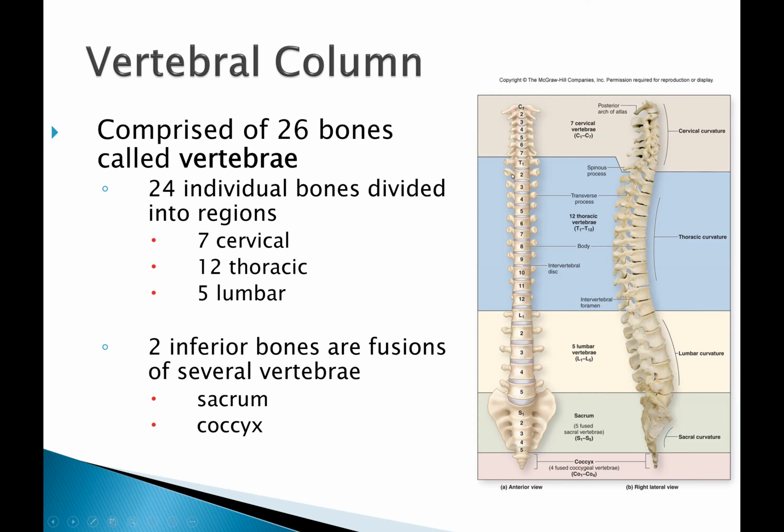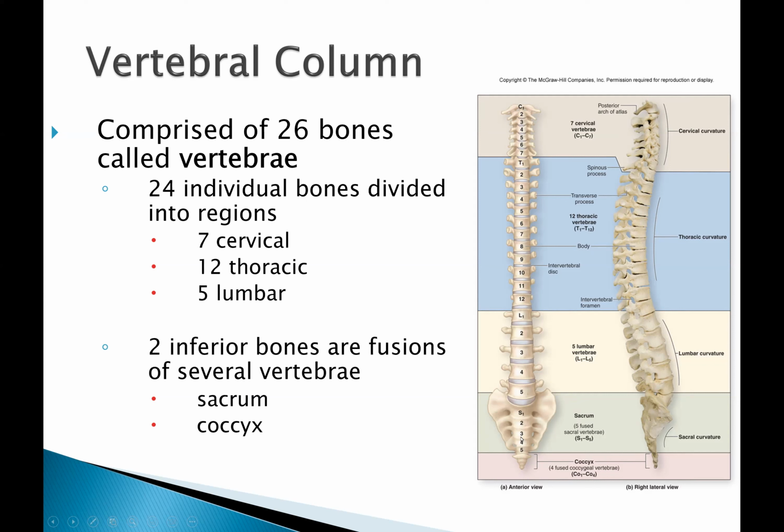Thoracic is the next section, and that's around your rib cage. That's the thoracic region. Okay. And then lower is the lumbar. Okay, that's lower back. That's your lumbar region. So there are 7 cervical bones, 12 thoracic bones, 5 lumbar. And then the most inferior bones are the sacrum and the coccyx.